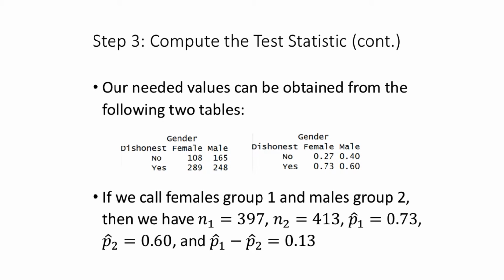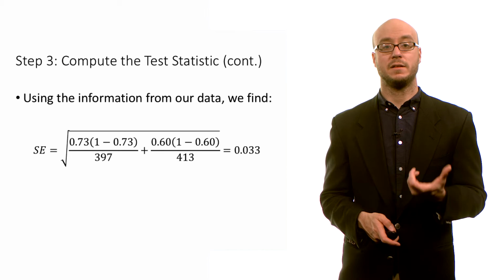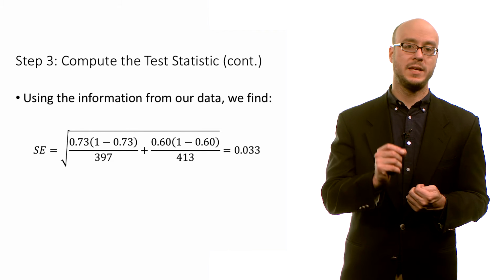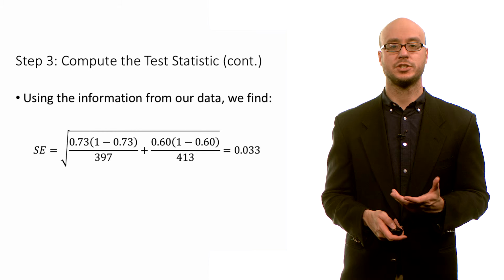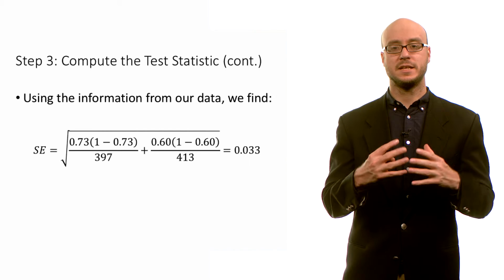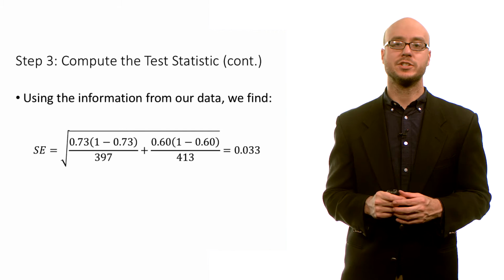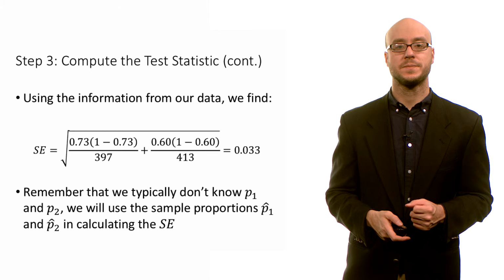The proportion for males is 0.60 in the sample, and that difference is 0.13. Then we can calculate the standard error using p hat 1 and p hat 2 as estimates for P1 and P2 in the population, and we obtain a standard error of 0.033. That is the expected standard deviation of the sampling distribution for the difference in sample proportions.